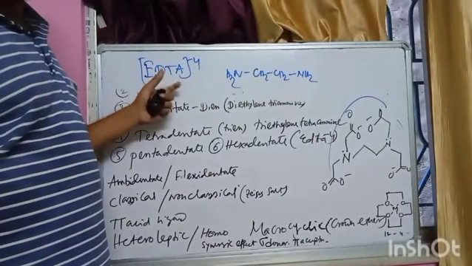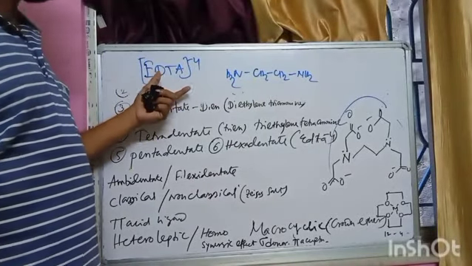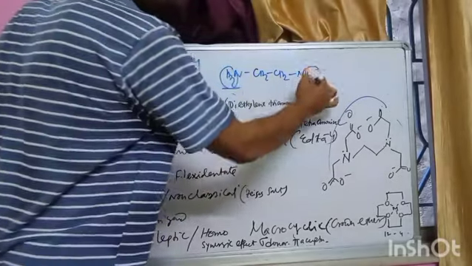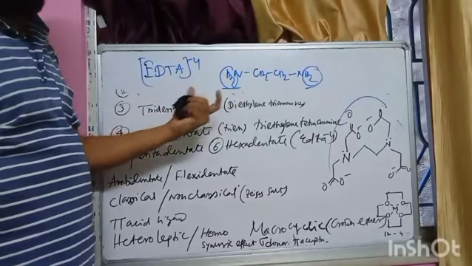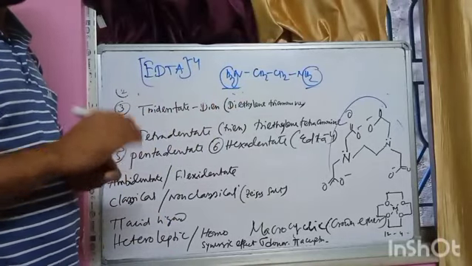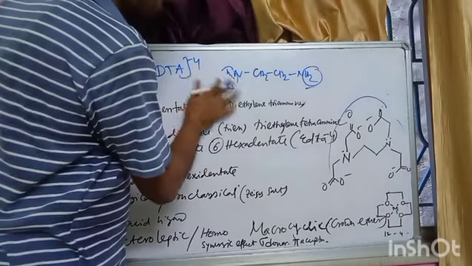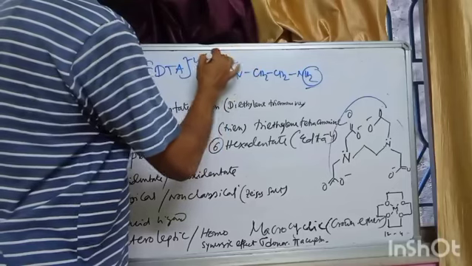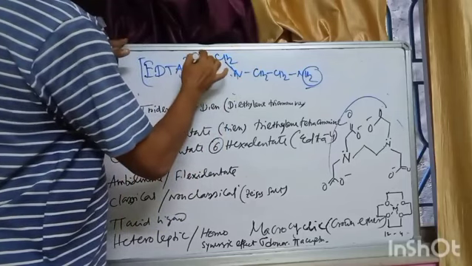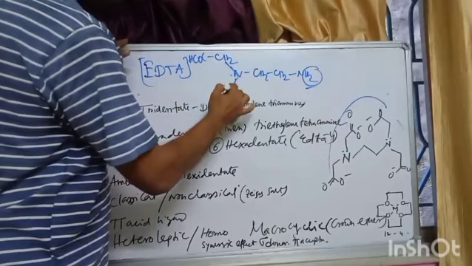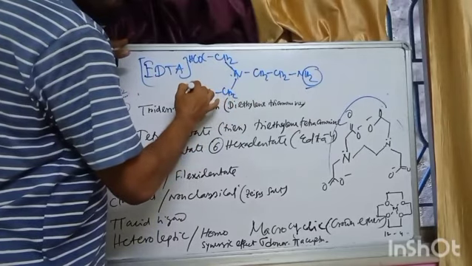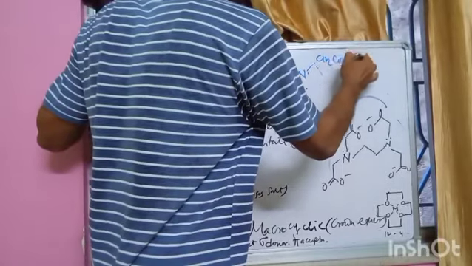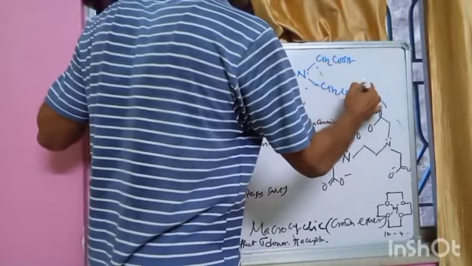Tetraacetic acid or tetraacetate means: here on the nitrogens the number of hydrogens is 2 and 2, total 4 hydrogens, and they are replaced by acetic acid groups, CH2COOH groups. Nitrogen is bonded to CH2COOH and CH2COOH, and here also CH2COOH and CH2COOH.